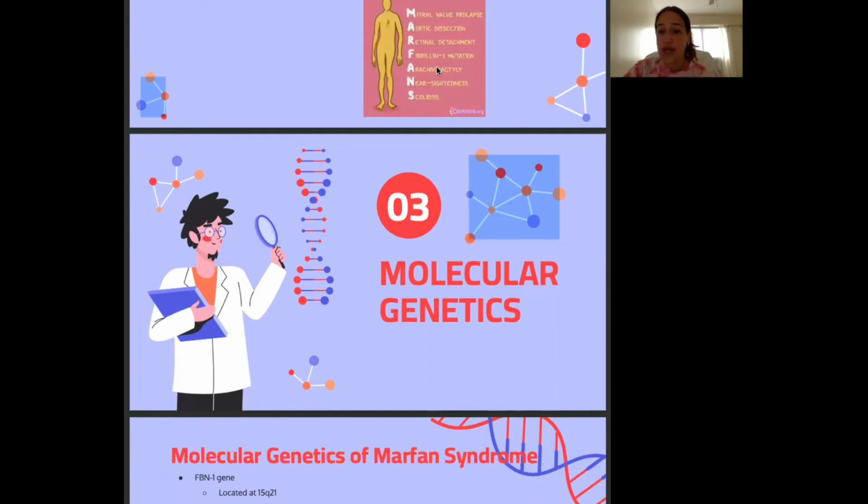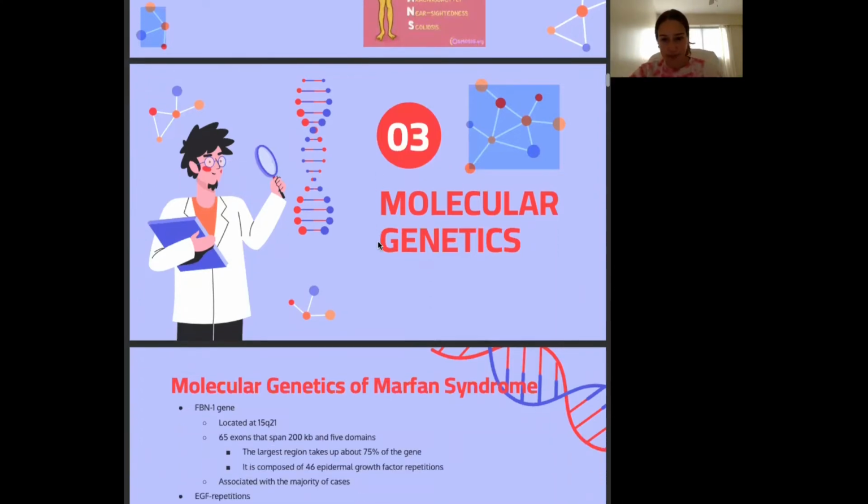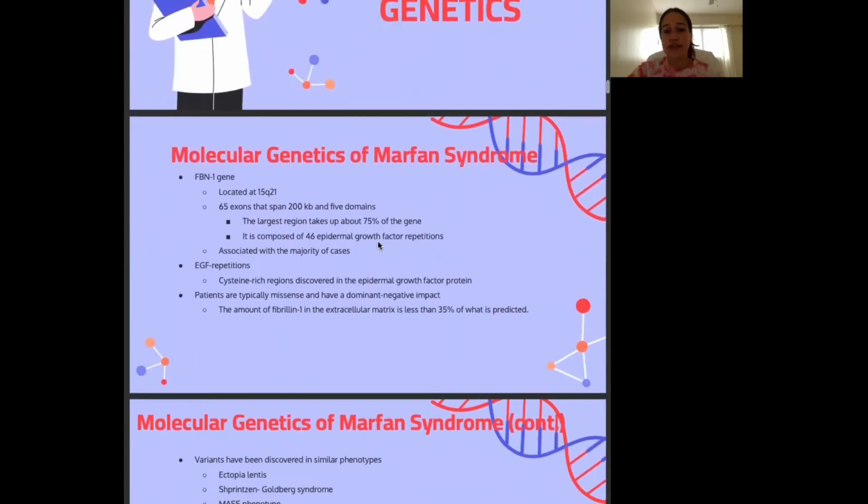Now we're going to be talking about the molecular genetics of Marfan syndrome. So, as previously mentioned, it affects the FBN1 gene, and the mutation is located at the long arm of chromosome 15, region 2, band 1. It has 65 exons, which are basically the sequence of DNA present in mature messenger RNA.